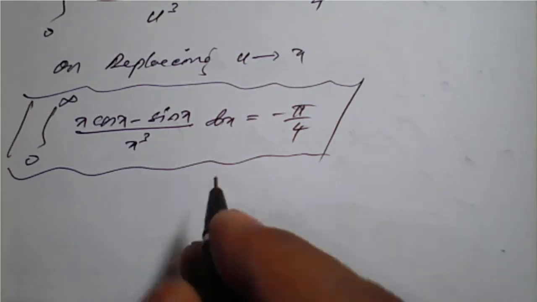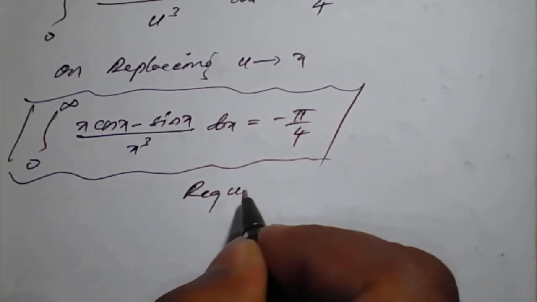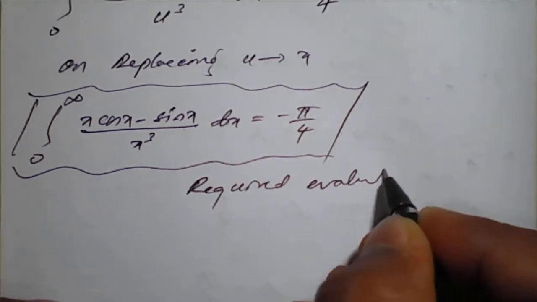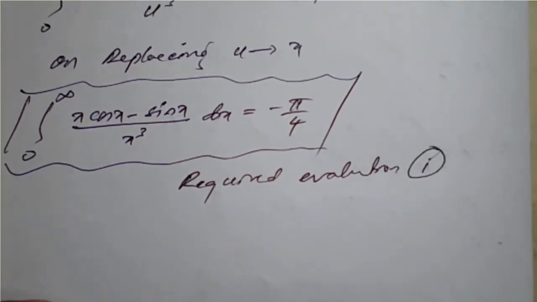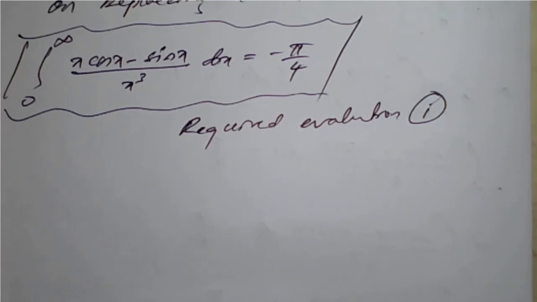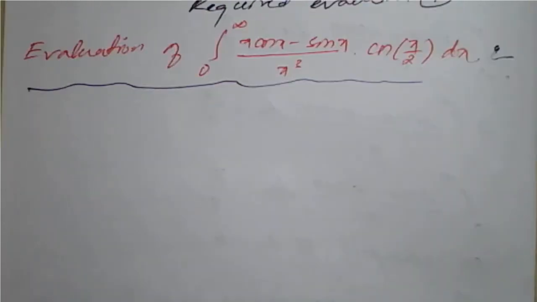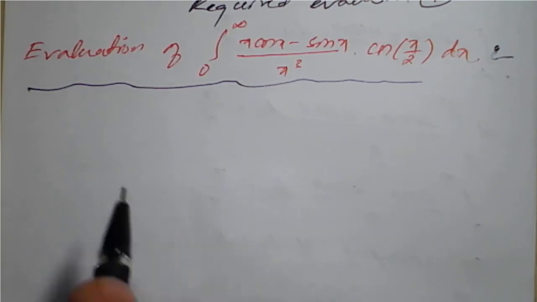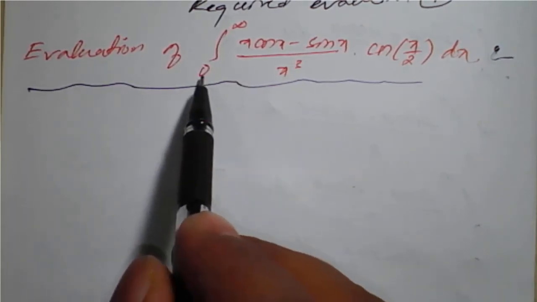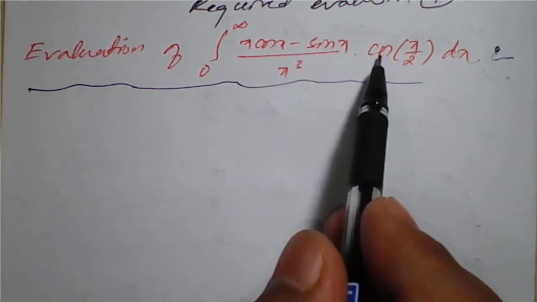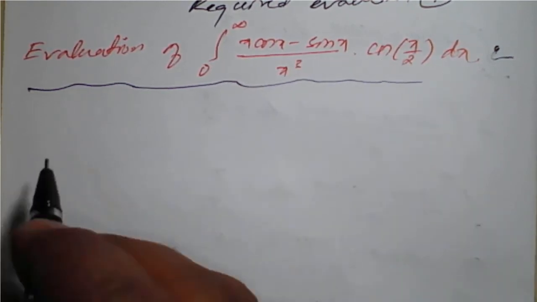So this is the required evaluation 1. Now we need to go for one more evaluation. The next evaluation is integration 0 to infinity of (x cos x minus sin x) upon x cube into cos of x upon 2 into dx.